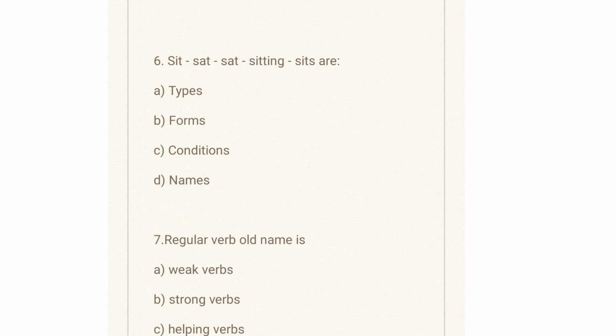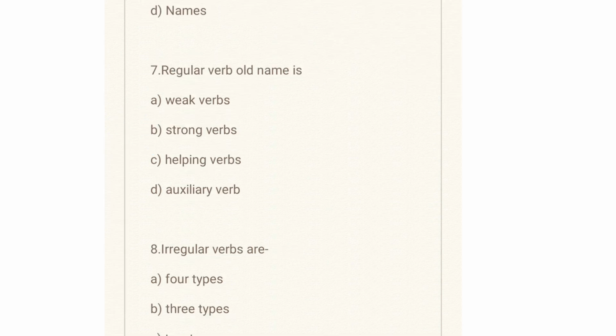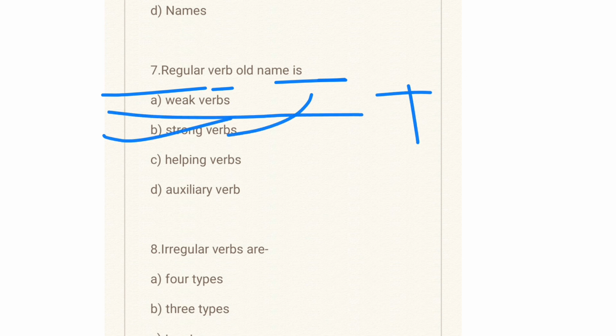Sit, sat, sitting, sits. What are these? These are forms. Regular verb's old name is what? Strong verb. And weak verb is known as irregular verb.